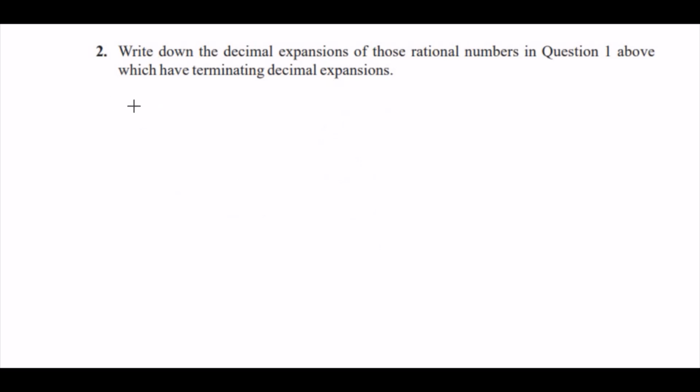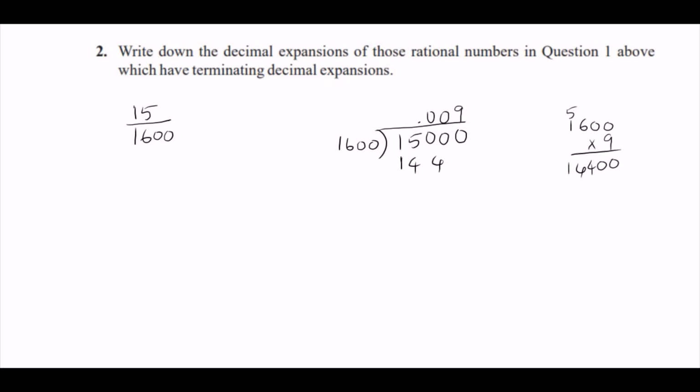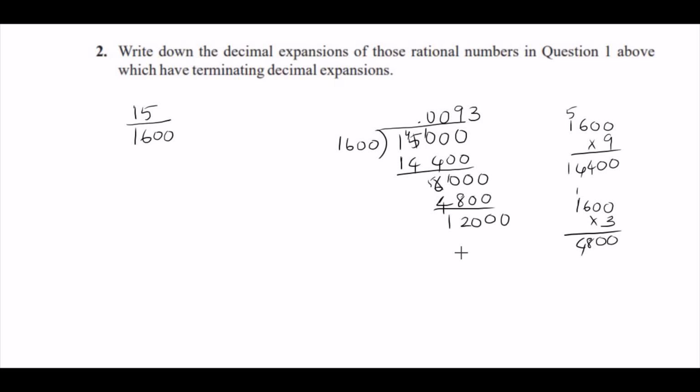The next number is 15 by 1600. When you do the long division, you get in 15,000, 1600 goes 9 times, 14,400. In 6,000, 1600 goes 3 times. So you get it as 4,800. In 12,000, 1600 goes 7 times.